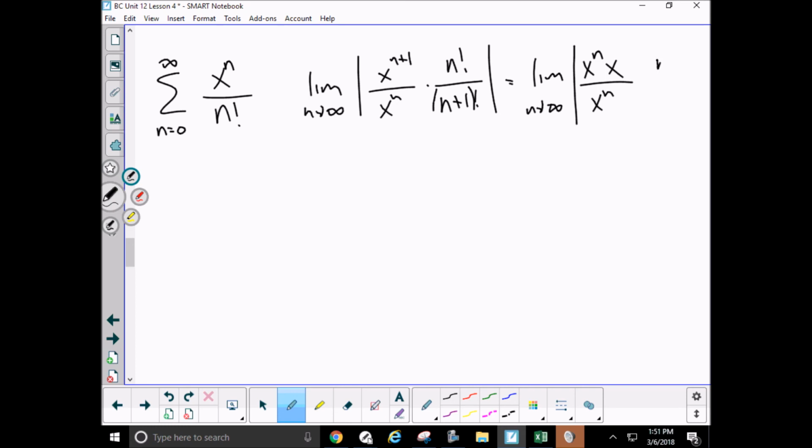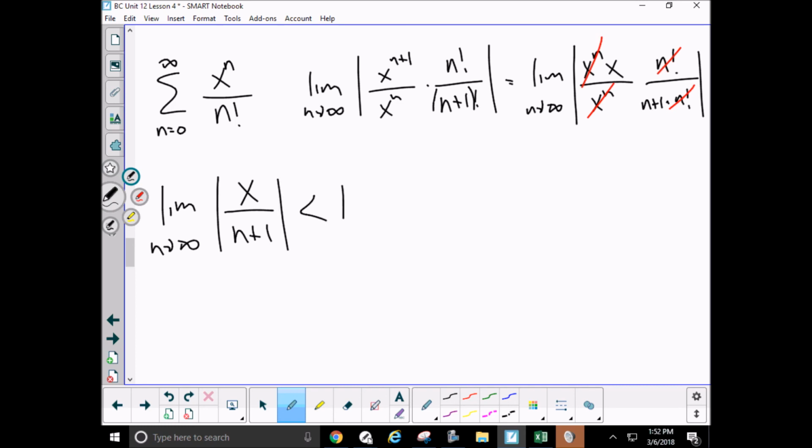And then n factorial, I'll leave. This changes to n plus 1 times n factorial. Cancel, cancel, cancel, cancel. I have the limit as n approaches infinity of x over n plus 1. This has to be less than 1.